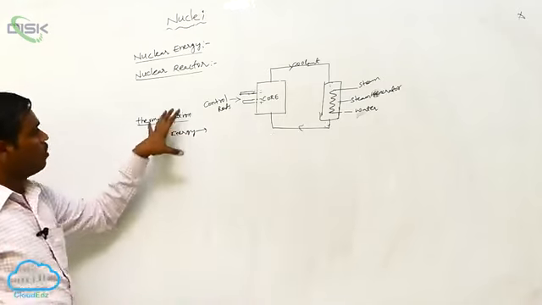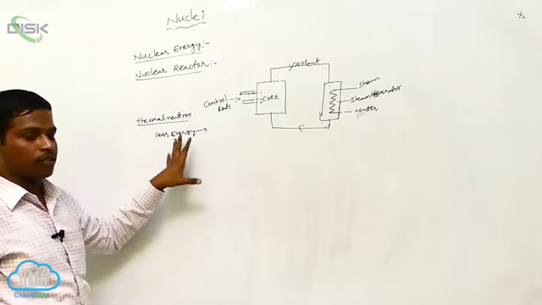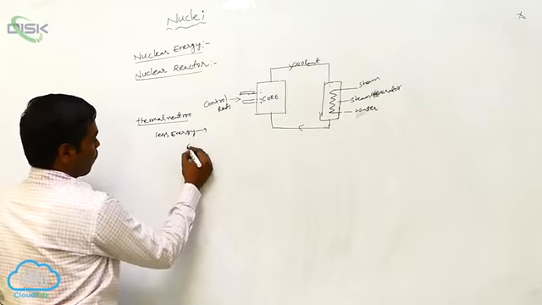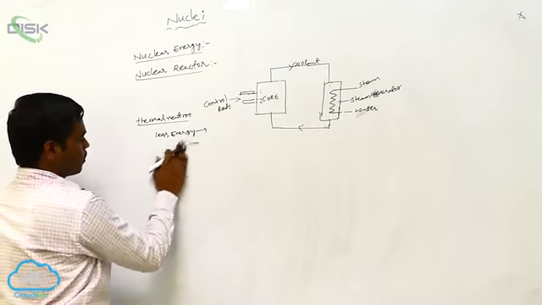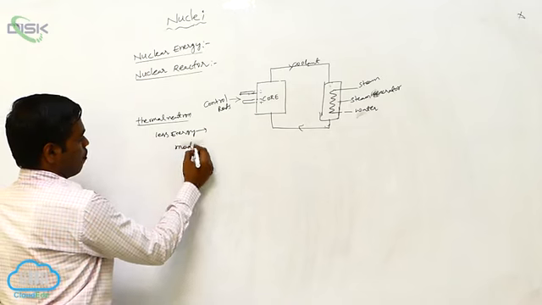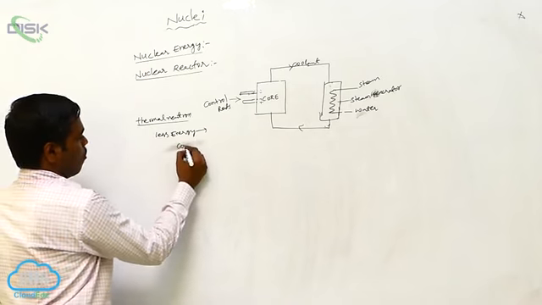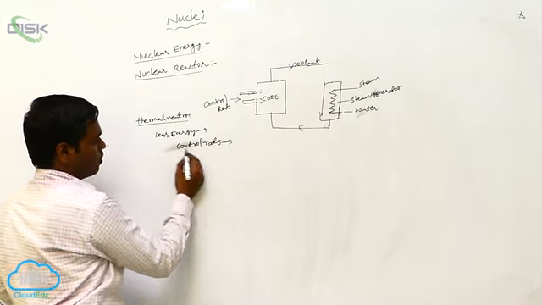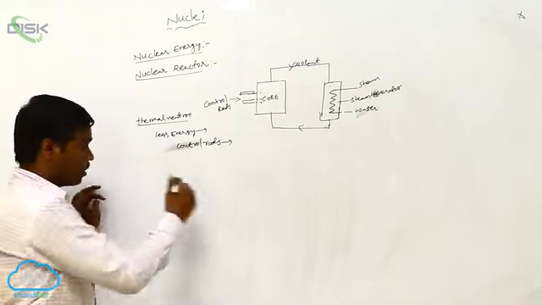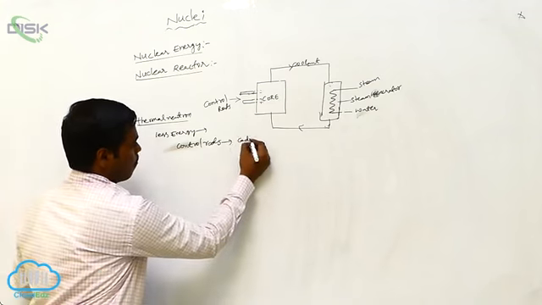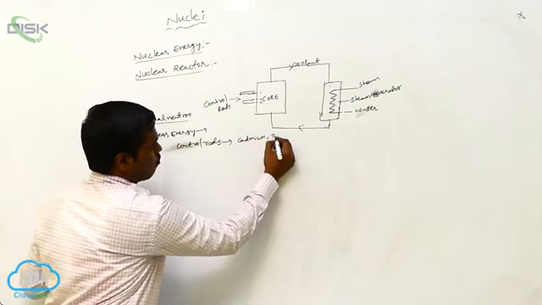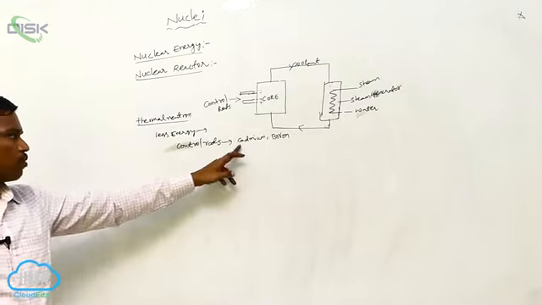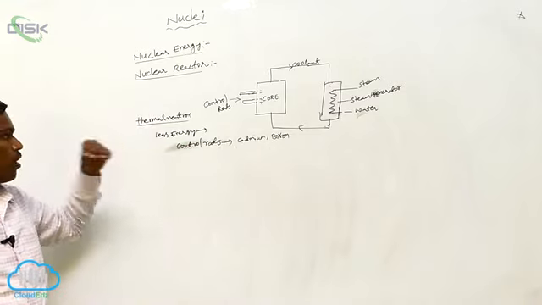To slow down these neutrons, we use moderators. We use control rods, which are cadmium and boron rods. These cadmium and boron rods are used to slow down the neutrons.